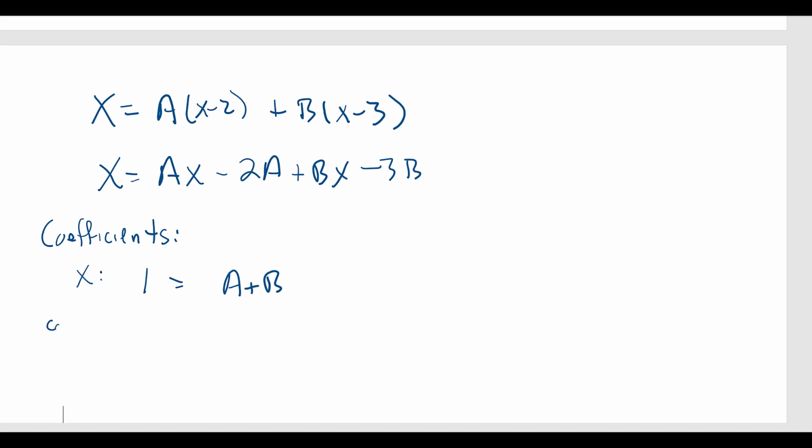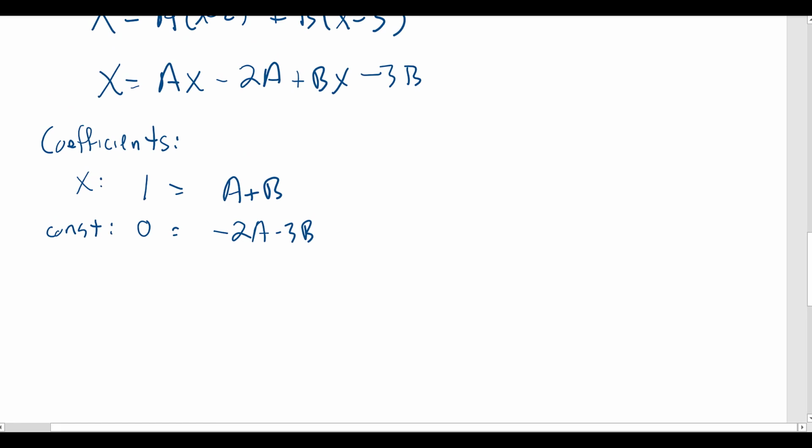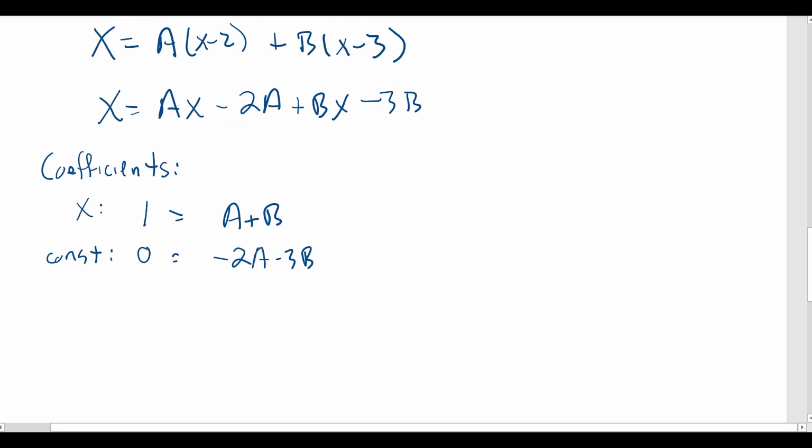And then for the constant, on the left, it is 0. On the right, it's negative 2A minus 3B. And now we have a couple ways of going about this. Like we can multiply this first one by 3.